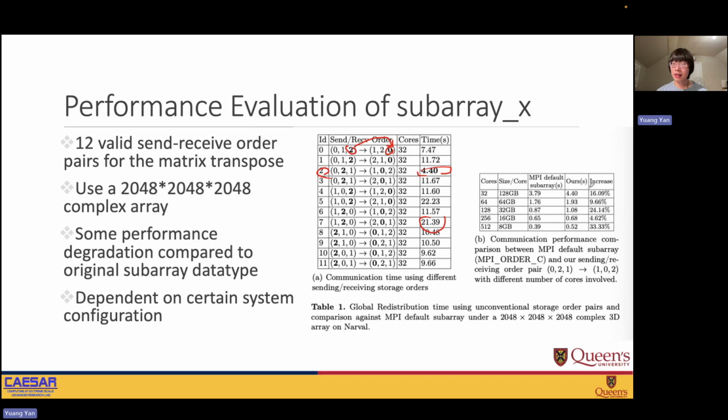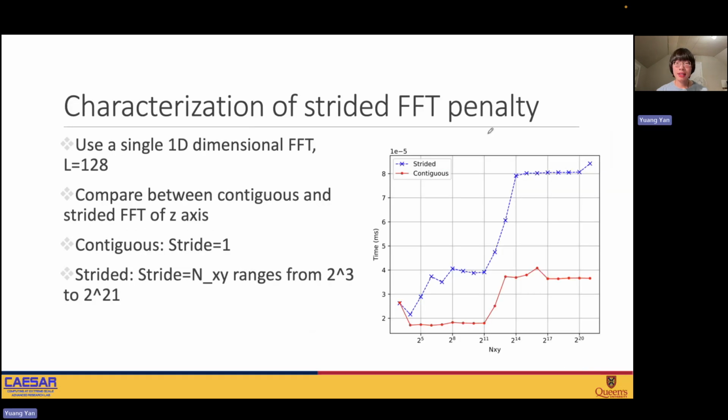And on this slide is the increase over the conventional non-transposed, non-rearrangement MPI subarray. Now we are going to explain where we gain the performance, because another important thing is the computation improvement. For the strided FFT, we have designed an experiment.